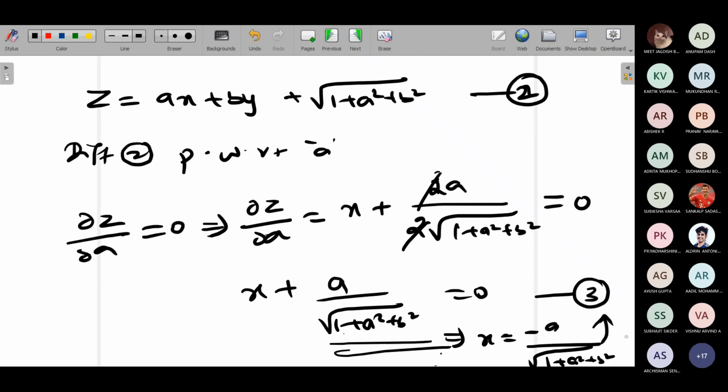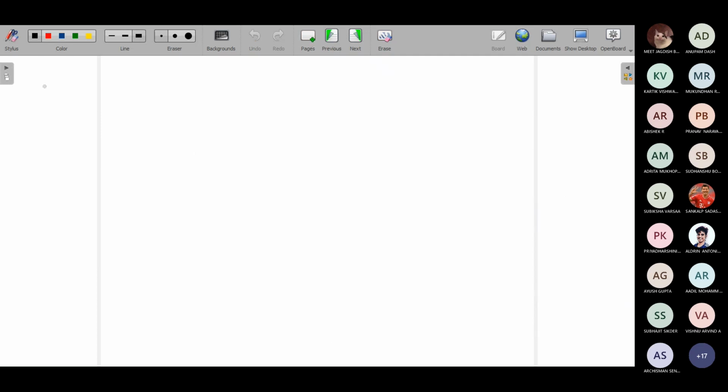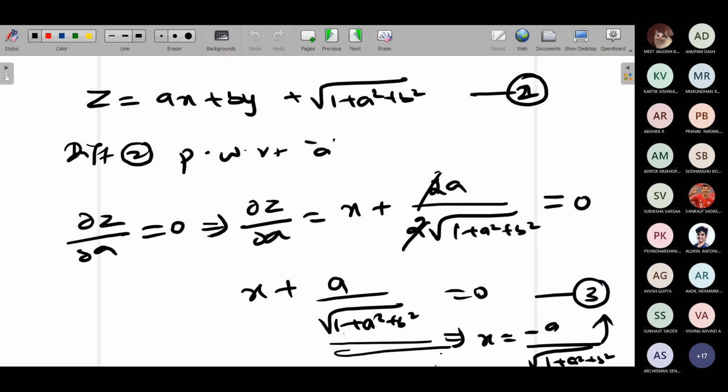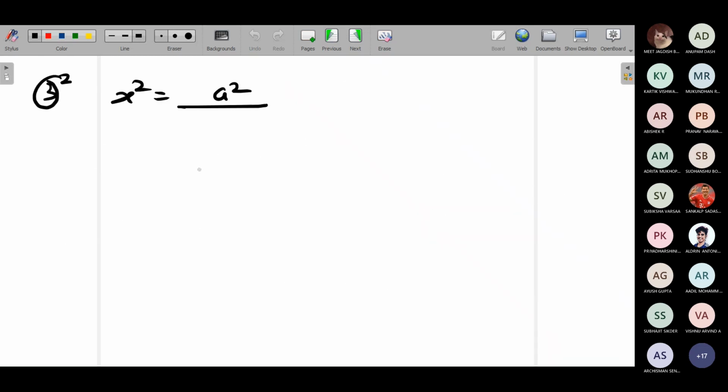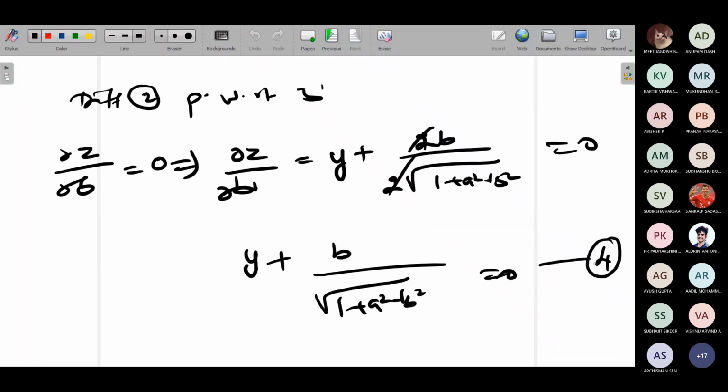So squaring, x square is equal to a square divided by 1 plus a square plus b square. Similarly, from the second equation, y is equal to minus b by root of 1 plus a square plus b square. I take this as 4, so squaring 4.